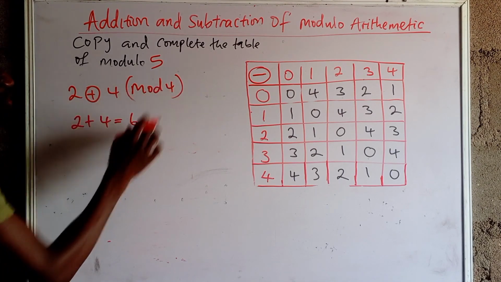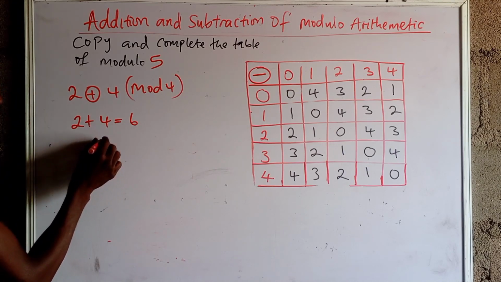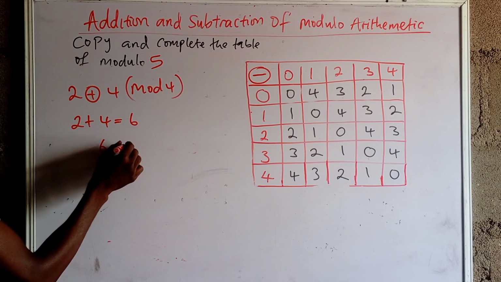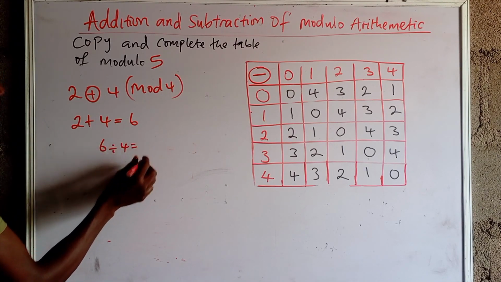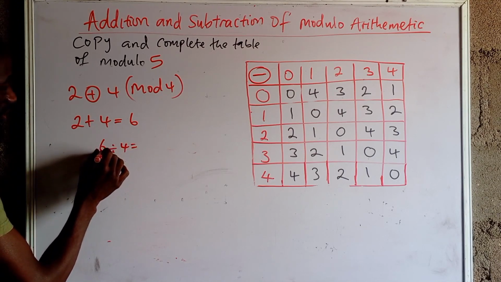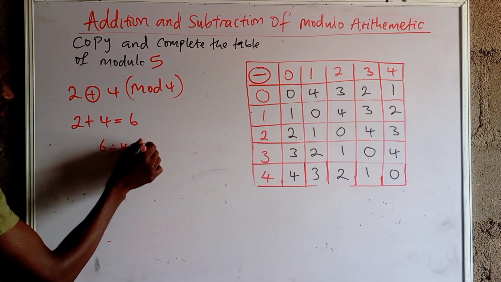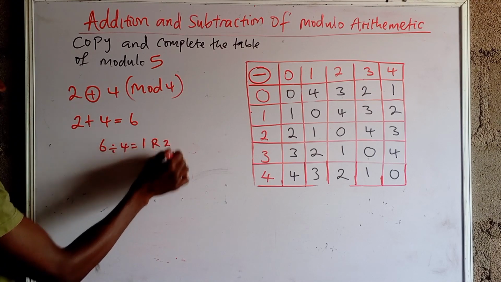Since you are counting in mod 4, how many 4s do you have in 6? 6 divided by 4 gives 1 remainder 2.